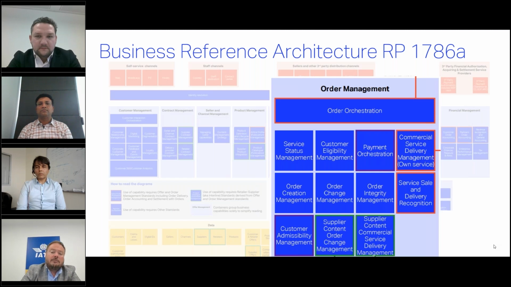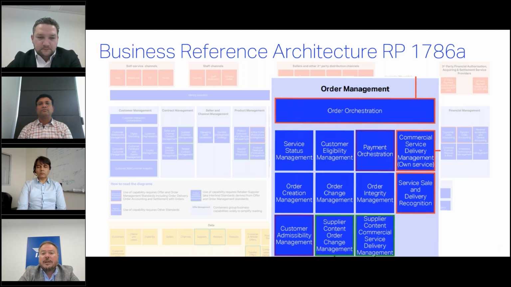So again, admissibility management, which relates to the customer's ability to travel, having all the paperwork in order, for example. So that goes into making sure that not only is your customer eligible, but your customer is also admitted to travel. So all these capabilities are collected under one umbrella of order management.